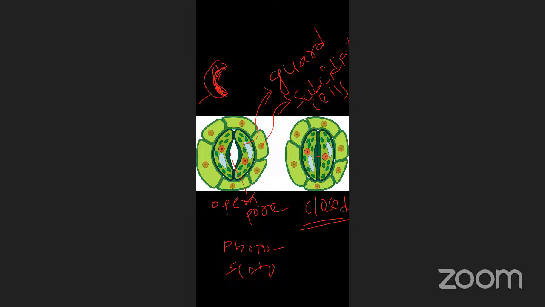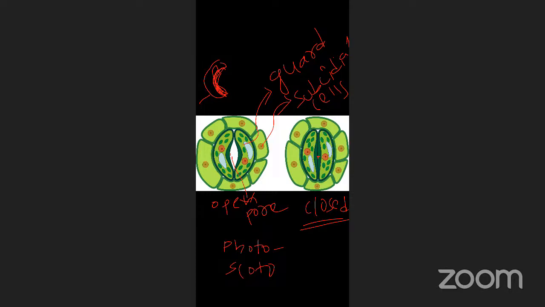Now let's see the opening and closing. There are several theories proposed to explain stomatal opening and closing, but among these, the most important theory accepted by scientists is the K plus pump theory.